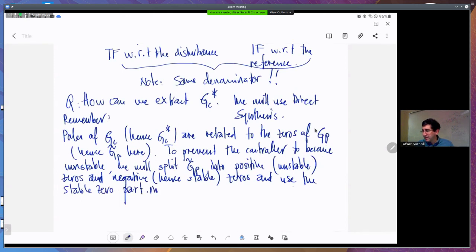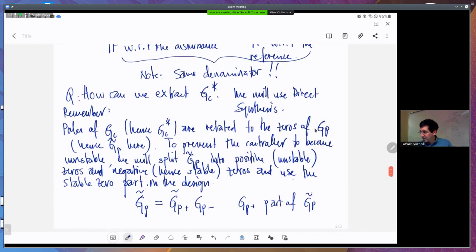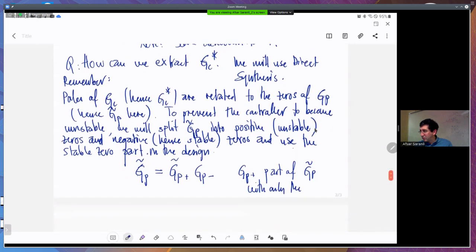Okay, in the design. Okay, so what we will do is we will basically express GP tilde as two factors, GP plus and GP minus, where GP plus is basically part of GP with only the unstable zeros.